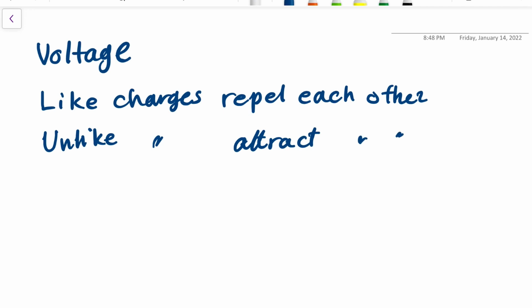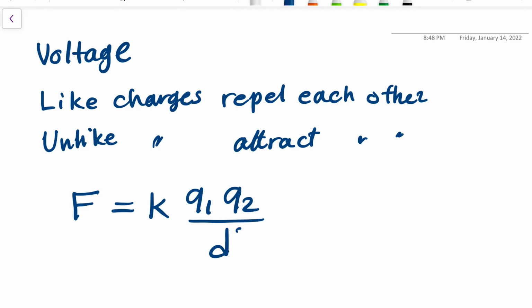The law that describes the force between two point charges is called Coulomb law, which is this. F is K Q1 Q2 divided by D squared.